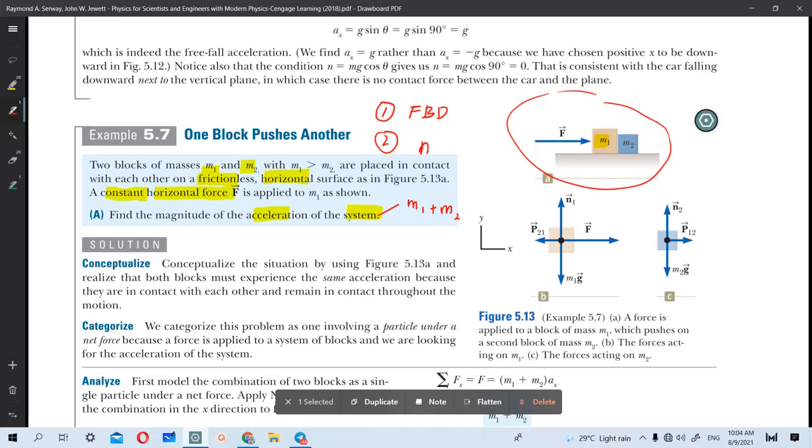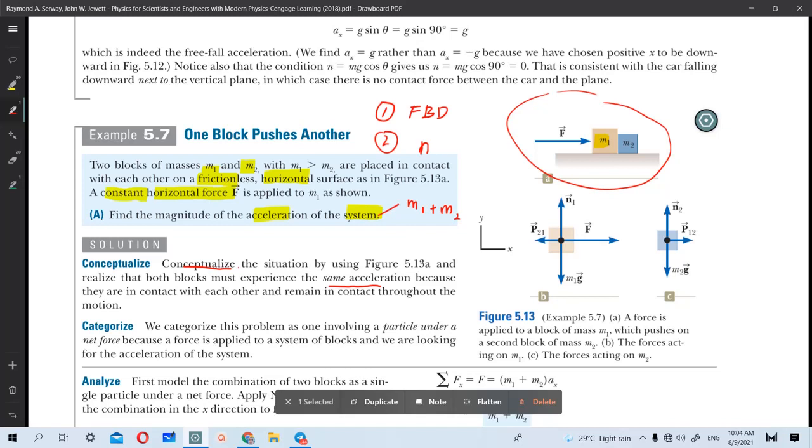Now, first and foremost, we conceptualize that since they are in contact, touching one another, they should have the same acceleration. So that's the logical view.